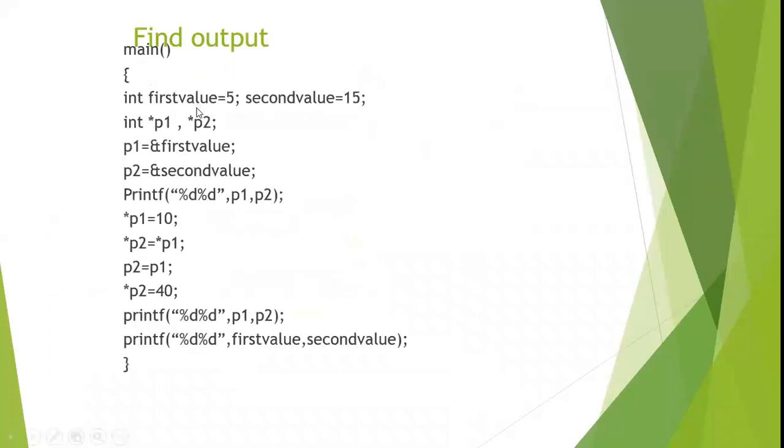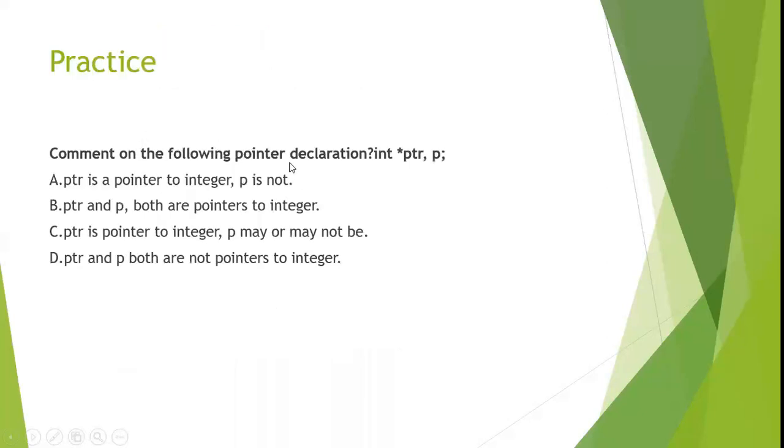So this is the same thing, pointing and pointing the values to all, the same which we have done right now. P1, 10, pointer P2 is equal to P1 and all that. You can practice also. This is a practice question. Comment on the following pointer declaration: int *p and p. So what is it doing?